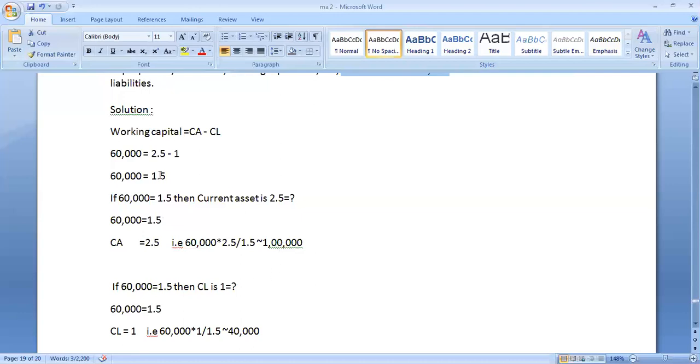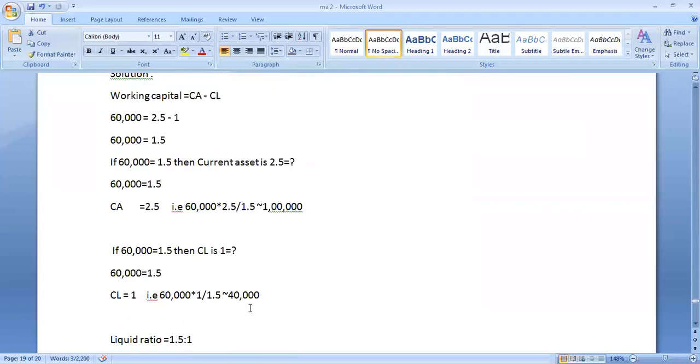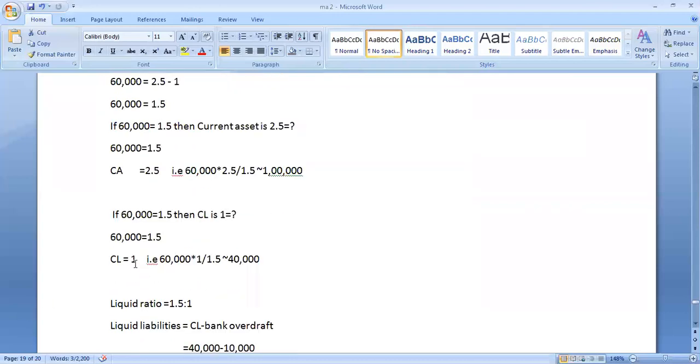And with the same information, you calculate the current liability. So 60,000 takes the ratio 1.5 and the current liability takes the ratio 1. So 60,000 into 1 divided by 1.5 gives you 40,000. Just cross multiply and find out the value.